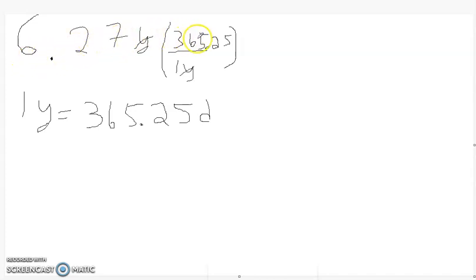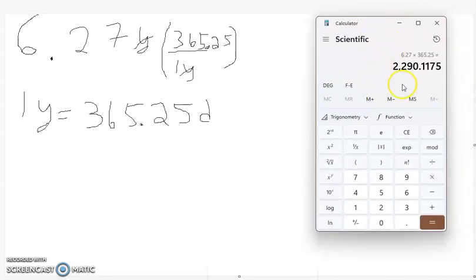So you're just multiplying 6.27 times 365.25, which I've already done. Here, let me bring the calculator over so you can see that. So this is the answer. It would be 2,290. And because we rounded two places past the decimal, let's round two places past the decimal again.